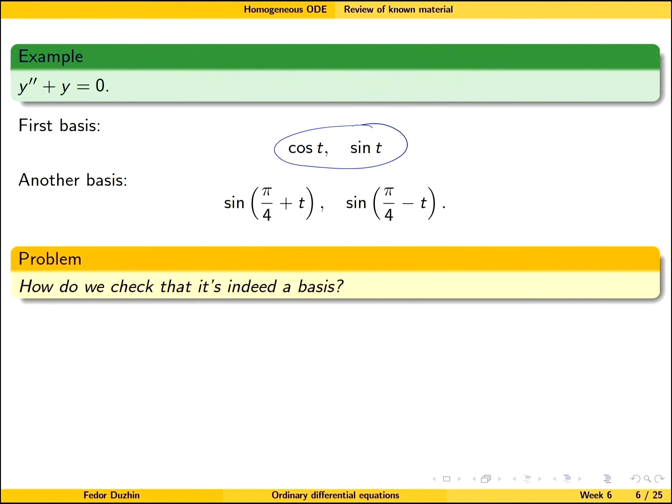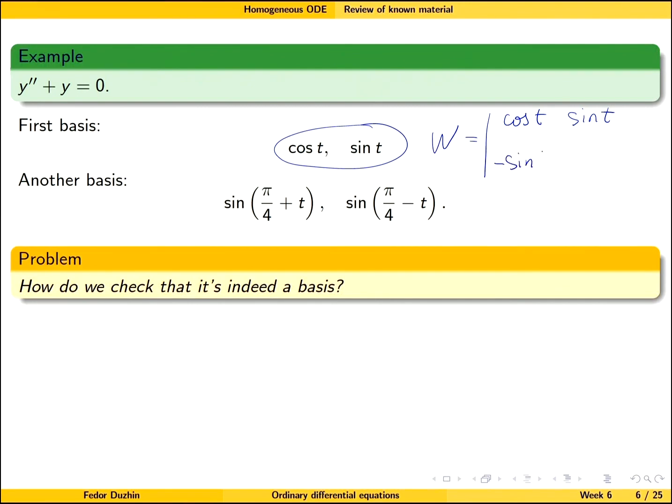you can compute the Wronskian. We did it the last time, and maybe let me remind you that the Wronskian of these two functions is the determinant. The first row is cosine and sine, the functions themselves, and the second row is the derivatives of these functions.